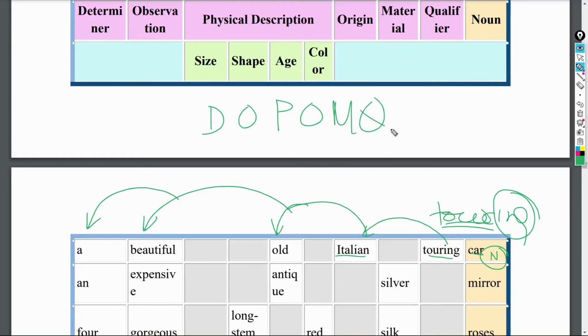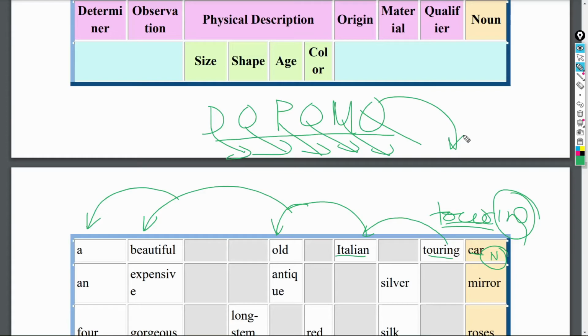So in this way you can remember, means D for determiner, O for observation, P for physical description, O for the origin, M for the material, and Q for the qualifier. So in this way, my dear children, you can remember the position of the adjective, which one will come where.